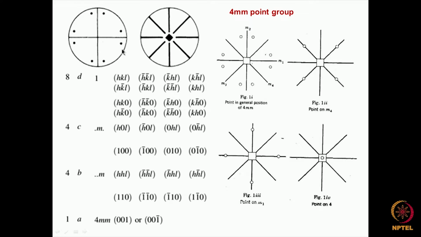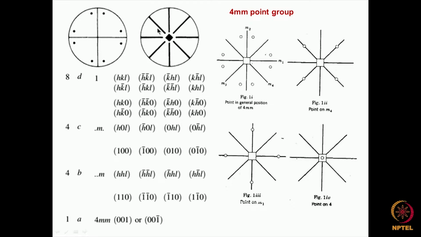There is another way in which the same stereographic projection can be shown, and which is being shown in international crystallography, is by showing only the symmetry elements which are associated with it. Now if you look at it, there is a four-fold rotation.